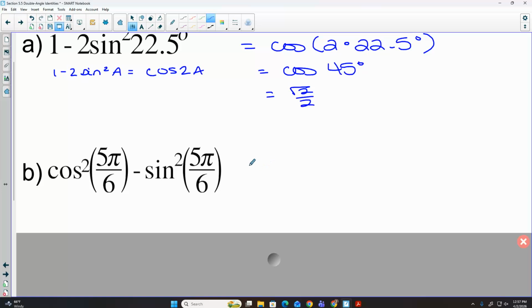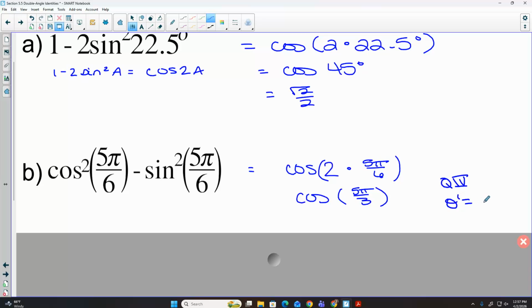This is cosine squared A minus sine squared A. That's the cosine of 2A formula. My A is 5 pi over 6. So 2 times that is 5 pi over 3. What quadrant is 5 pi over 3 in? 4. Reference angle, pi over 3, is like 60 degrees. In quadrant 4, cosine is positive, so the cosine is that of 60.